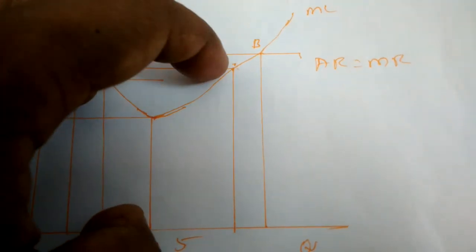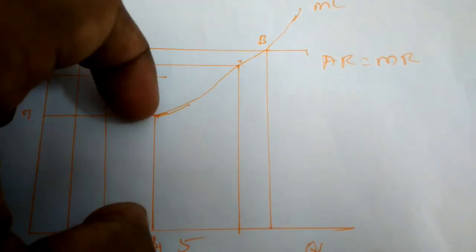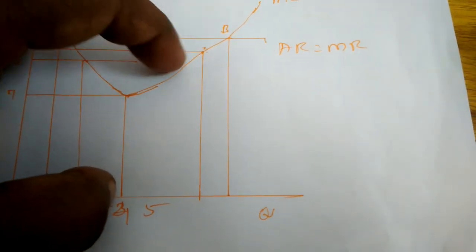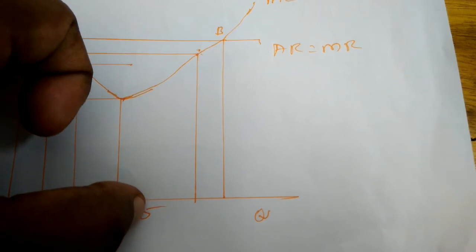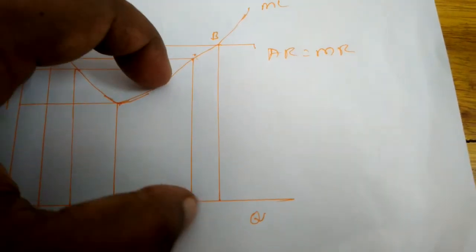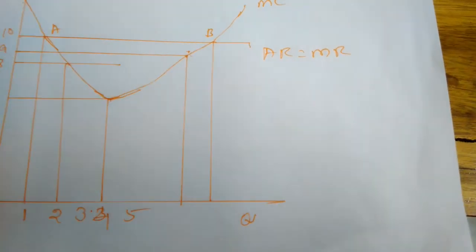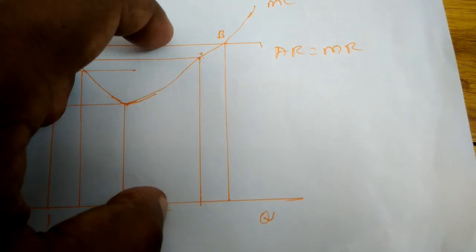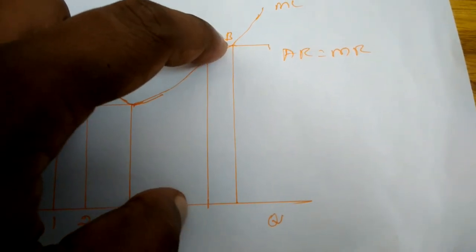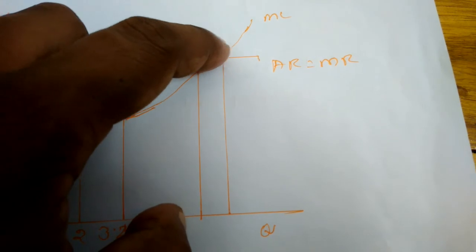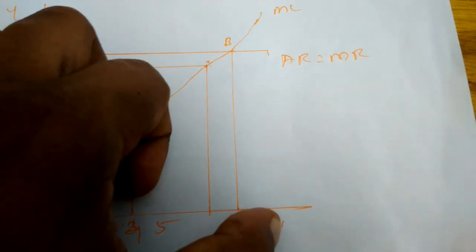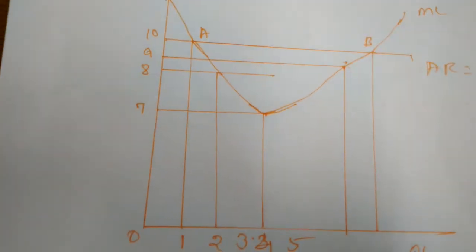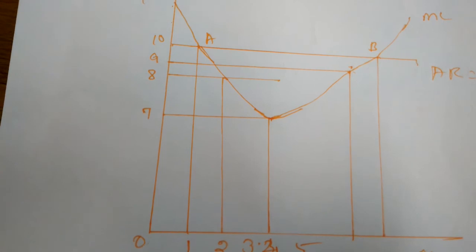It will never be equal to the revenue, and a loss will appear. From this point the loss will increase. So if he increases production beyond 5 units, the cost will increase, and at the last point B, if he increases production, he will get only loss. Next, the MC cuts the MR curve from below.